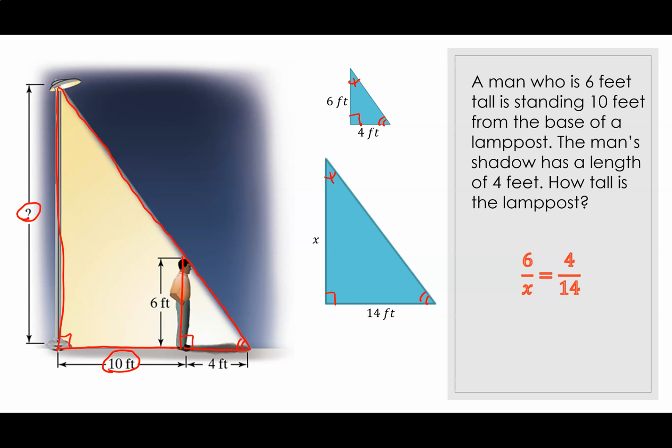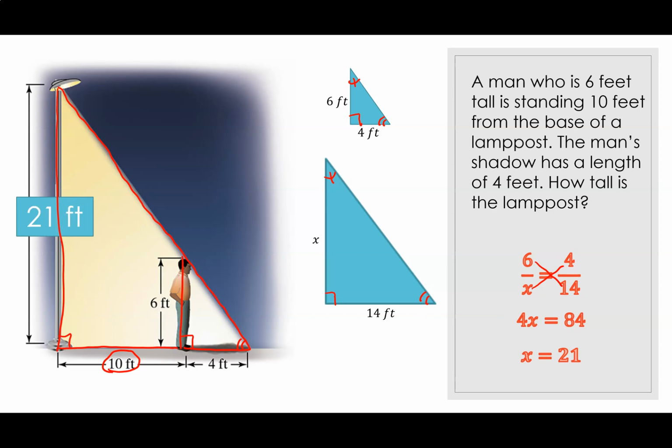So we have this proportion to solve, and to solve the proportion, we would cross multiply. So we will have 4x is equal to 84. Divided by 4, x is 21. Okay, so we know now that the lamppost is 21 feet.